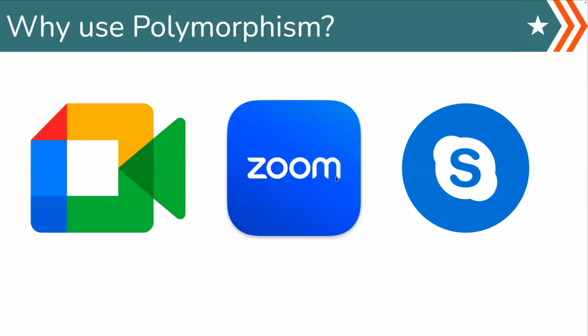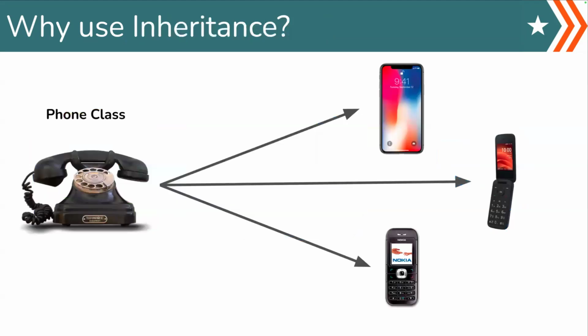Polymorphism we'll talk about later, but the idea is different ways of doing the same thing. And if we go back to the phone example, for an iPhone, you can make a call, right? You can dial. For a flip phone, you can make a call. And I'm writing terrible text here on purpose just to draw your attention to this.